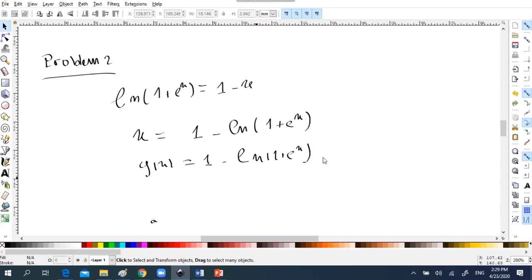If it's still a contraction inside the interval [-1, 2], then you will have inclusion in the larger interval and convergence of the algorithm. So I will let you do this at home.